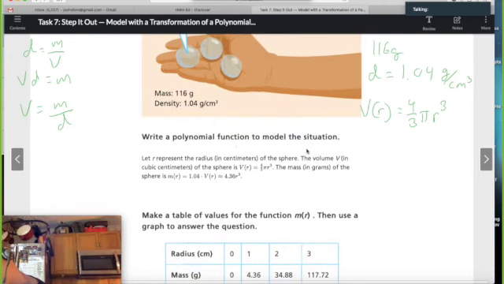So there's a variety of ways that you can go about solving this problem. What you'll see in your book is they changed their functions to be a function of mass. So that's easy to do. We're just going to use this one right here.